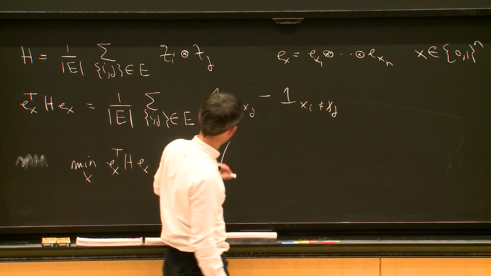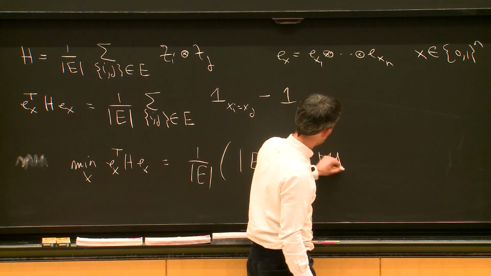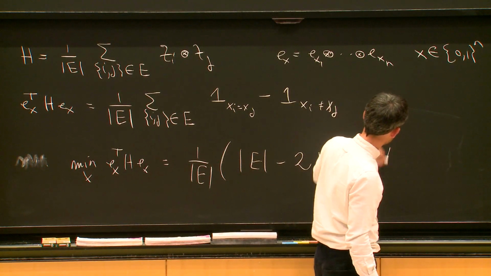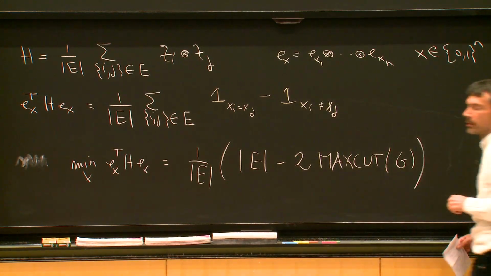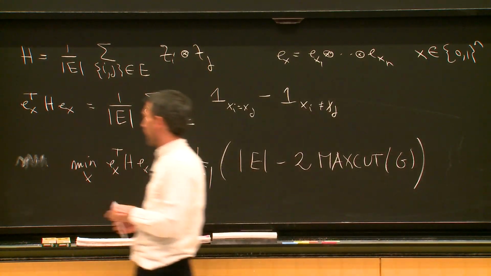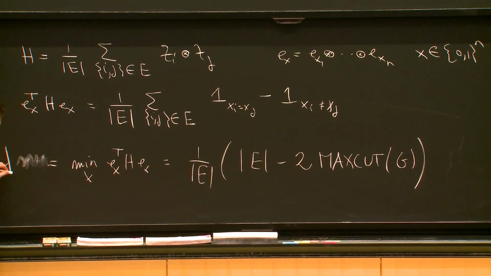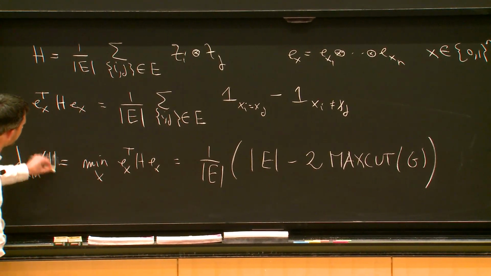So this is equal to the number of edges minus twice the largest possible cut in the graph G. And because my Hamiltonian H was diagonal in the standard basis, this is equal to the smallest eigenvalue of H.